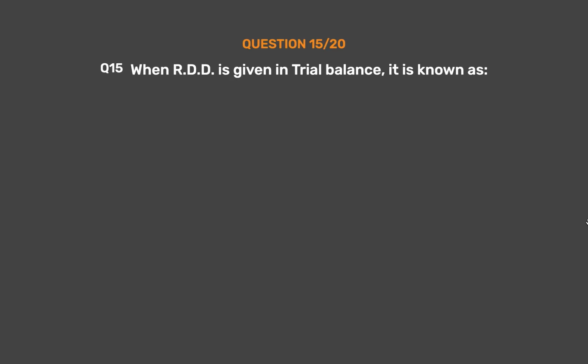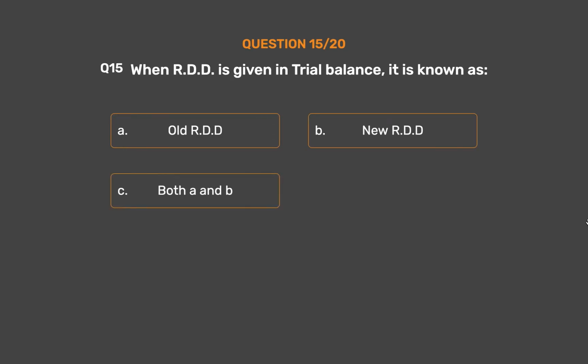When RDD is given in trial balance, it is known as: option A, old RDD. Option B, new RDD. Option C, both A and B. Option D, none of them. The correct answer is option A, old RDD.